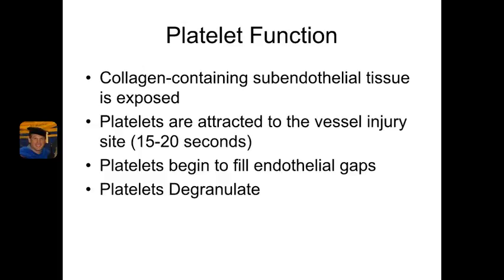So platelets don't have any DNA, any nucleus, partly because they're filled with these little granules full of substances that are going to help them do their job. So when they become activated, they are going to degranulate, which is going to release those little substances into the nearby plasma, which in turn is going to affect the behavior of nearby platelets and other cells, and it's also going to help begin the clotting cascade.